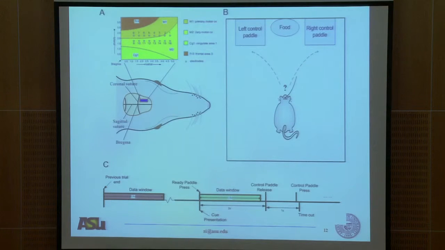And if the center cue turns on, he's supposed to do nothing. He's supposed to press neither the left nor the right. He'll just wait there, and if he waits sufficiently long, he picks up his reward. In behavioral study, this is called inhibition control. And inhibition control is important from the cortex.